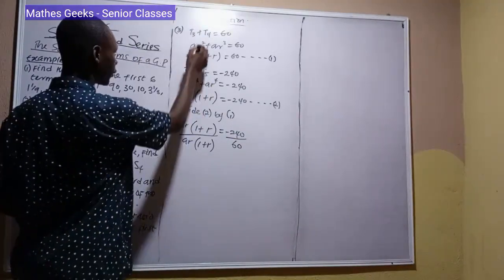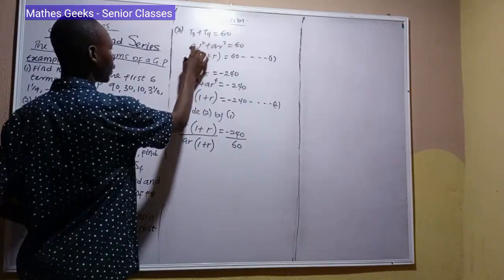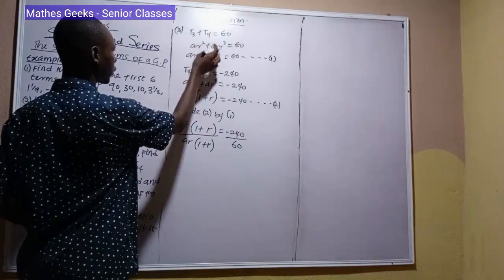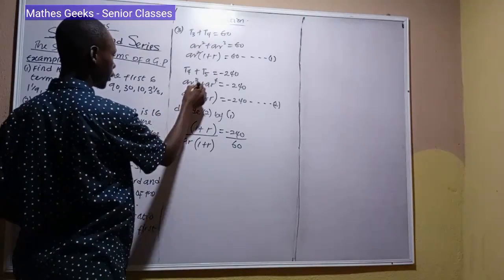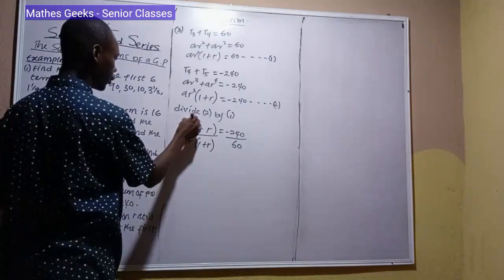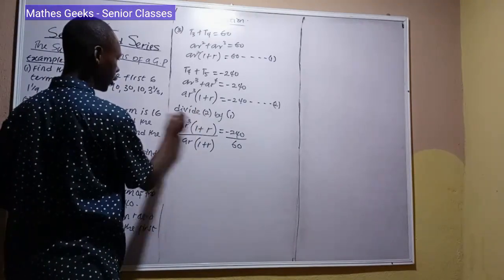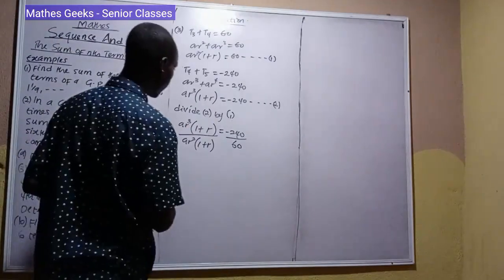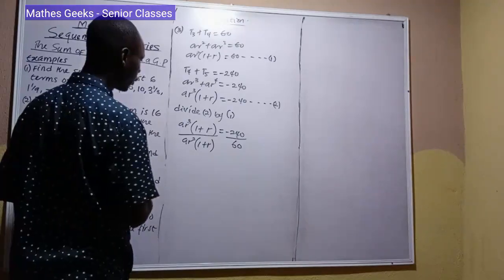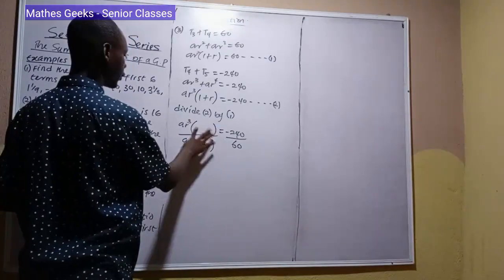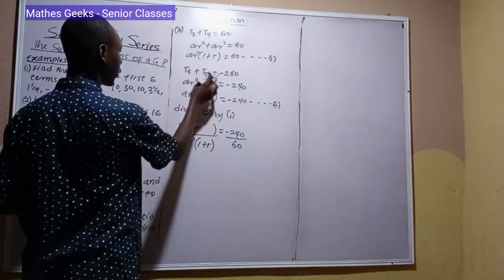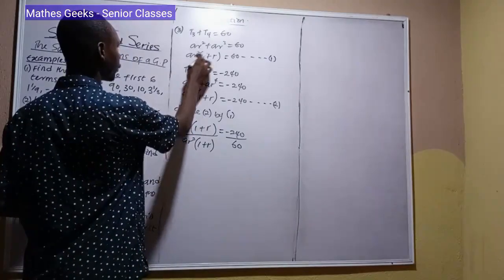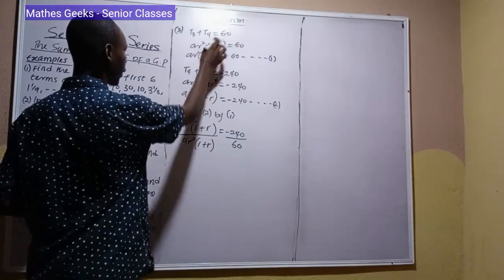Here 1 plus r is correct. ar^3 and ar^2, ar times r gives ar^2.